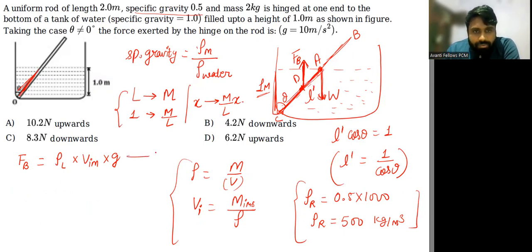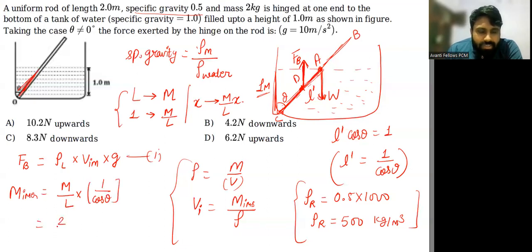Or here we are going to do. So mass immersed is total mass divided by total length multiplied by the length which is immersed. So it is L dash, and L dash is given by 1 upon cos theta.